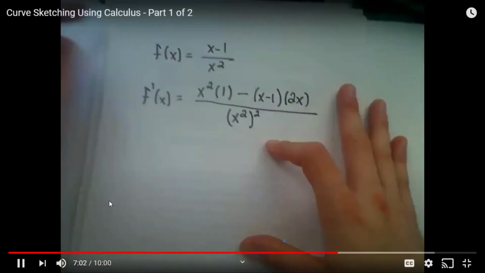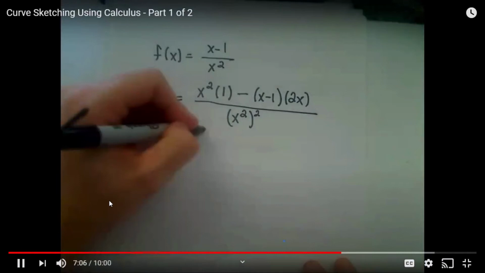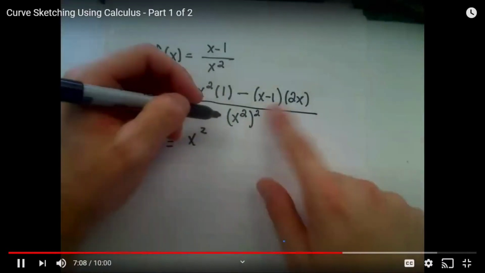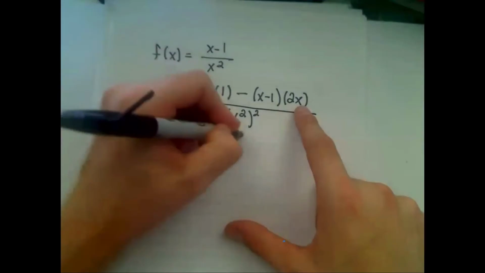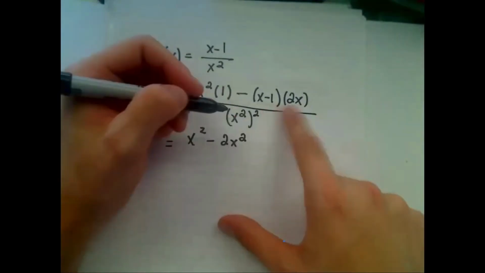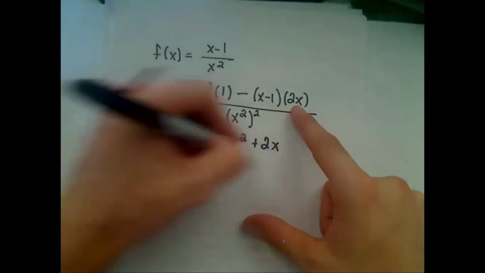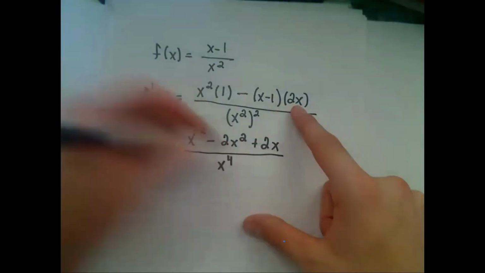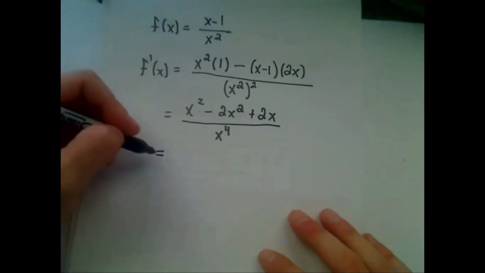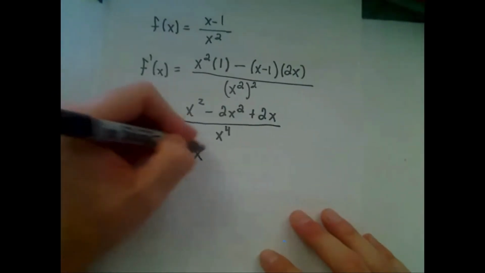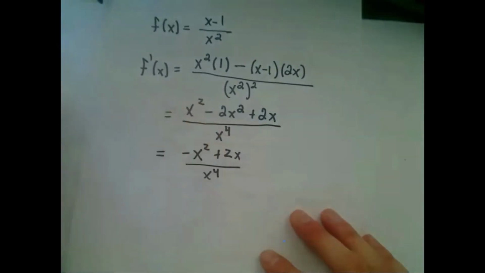Okay, so we need to clean this up a little bit. It looks like in the numerator you get x squared. We'll get x times 2x, which is 2x squared, but we have to distribute the negative, so we'll get negative 2x squared. Negative 1 times 2x is negative 2x, but again, we'll have to distribute the negative and make it positive 2x. We get x to the 4th on the bottom. If we combine our like terms, it looks like we get negative x squared plus 2x over x to the 4th.